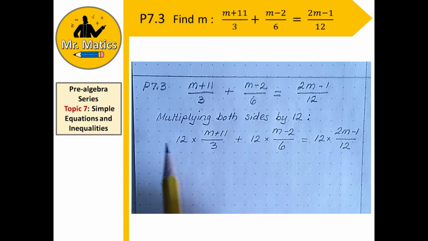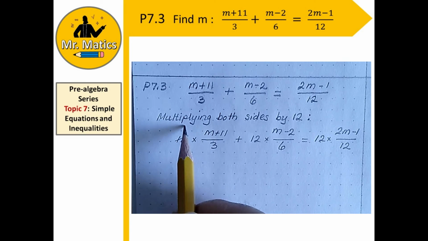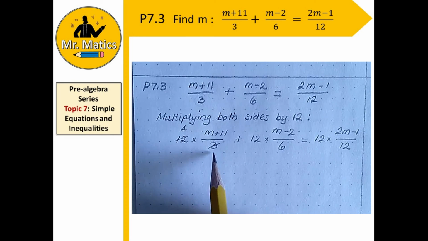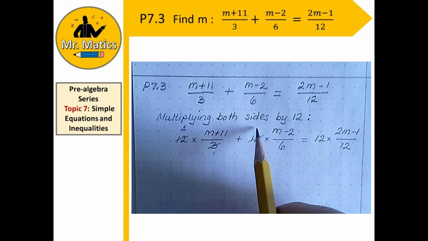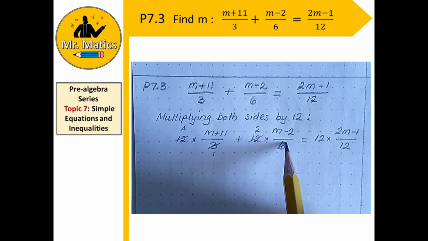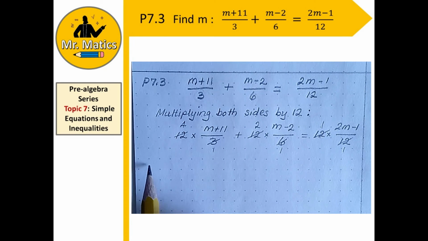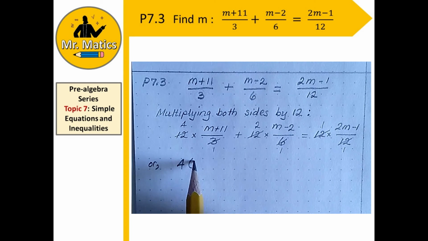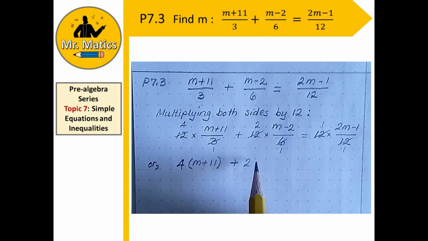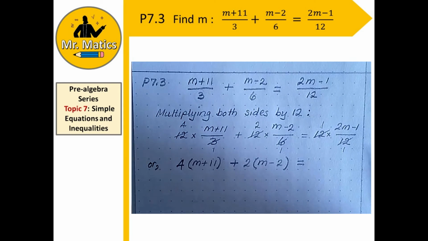You can see the factors are cancelling here. This becomes a 4, becomes 1, factor 6 cancelling, this becomes 2, 1, and then the factor cancels altogether, leaving 1 behind. So we get 4 times m plus 11, plus 2 times m minus 2, equals 2m minus 1.